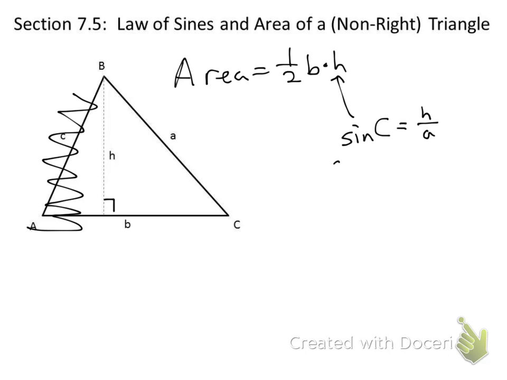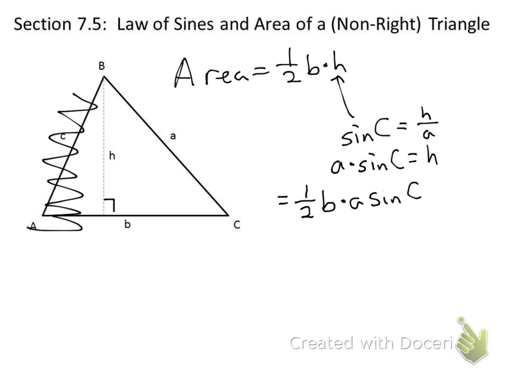Which could be A times sine C equals H. So we can manipulate that, find H, and suddenly it's 1/2 B times A sine C. Okay?